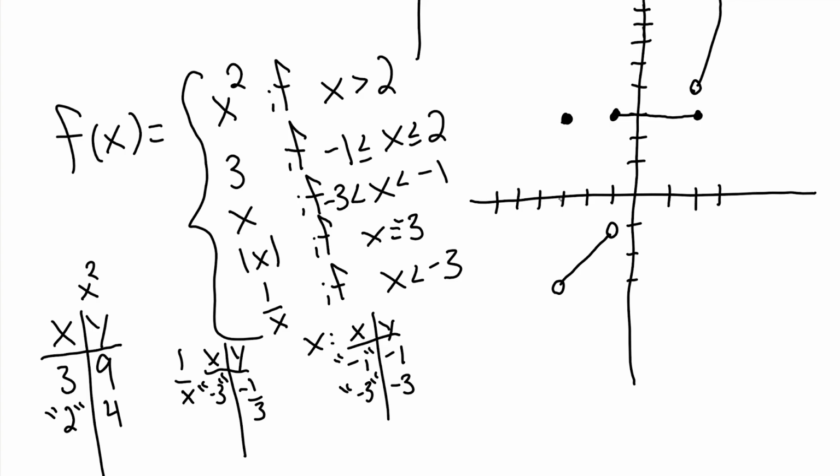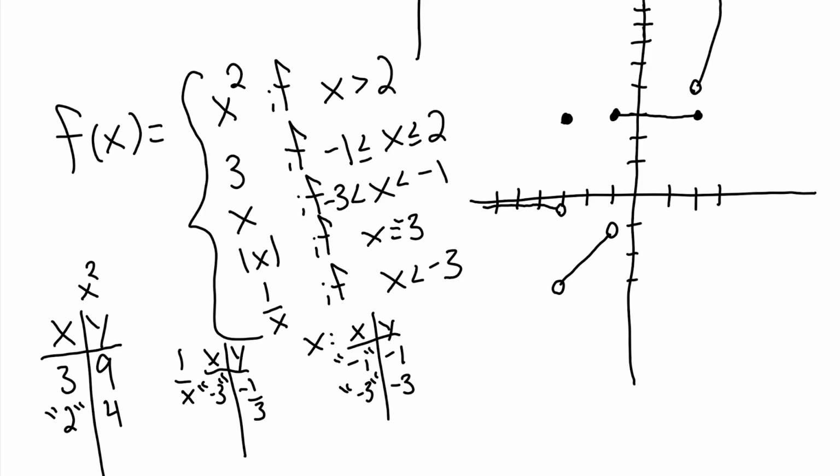So at -3, -1/3, there's an open circle. This open circle is important because we can't have more than one point at x equals -3, right? Even though we're looking at 3 different points here, 2 of them aren't actually on the graph. And then from that point on, it's just going to get closer and closer to the x-axis.